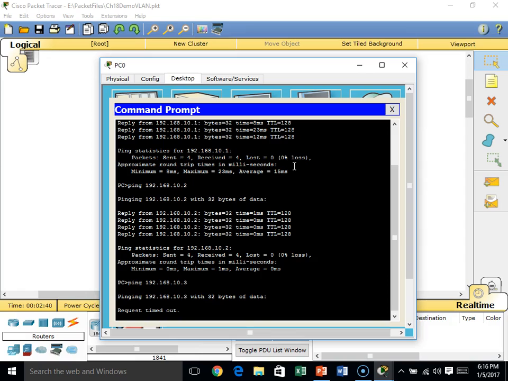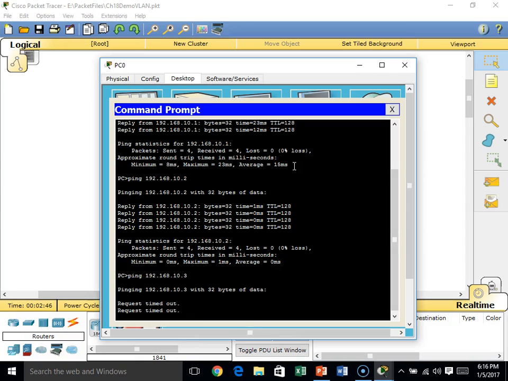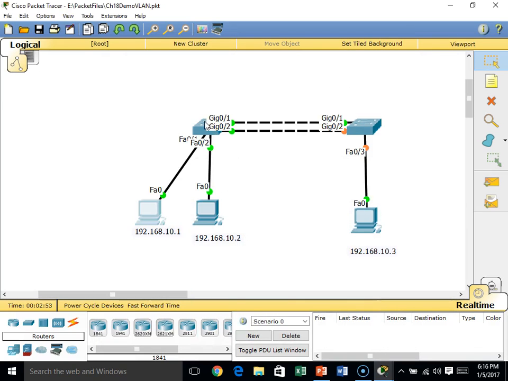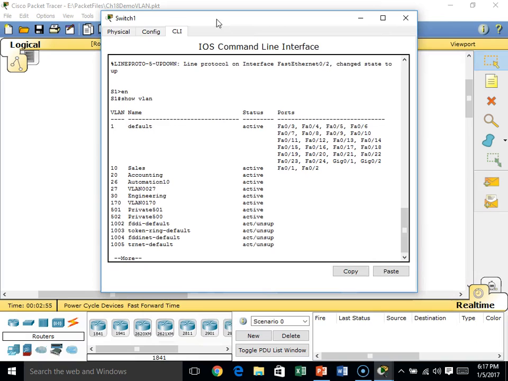And remember, VLANs are like having physically separated networks. One of the things, I'm going to shortcut some of the stuff that he talks about. I'm going to go back into the show VLAN. When we show VLAN, it's going to show us our VLANs here. It's going to show us the ports that are connected to the VLAN.